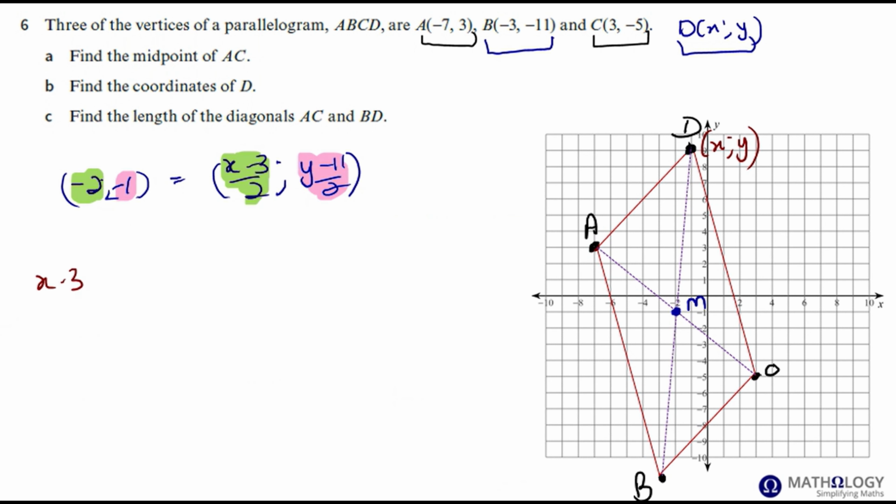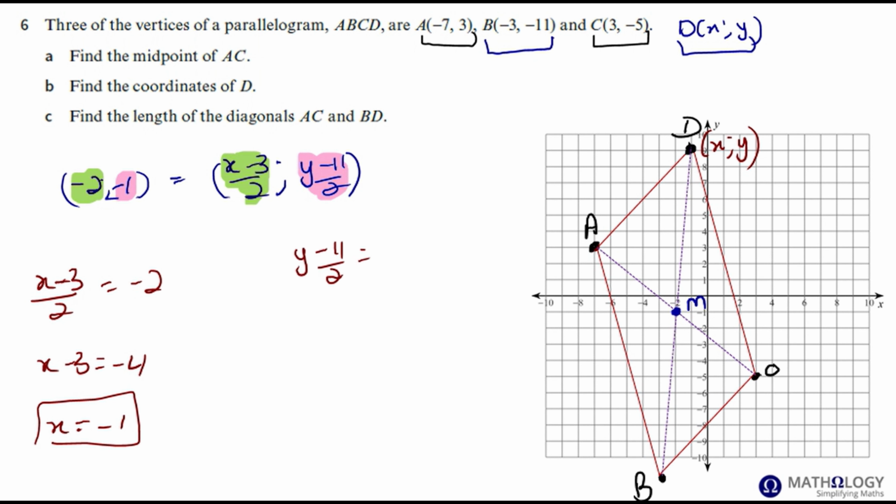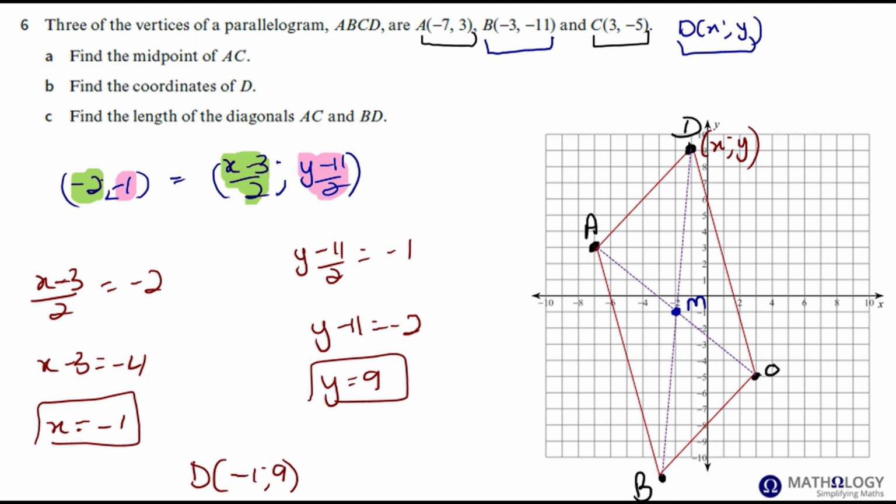So (x - 3)/2 equals minus 2. x minus 3 equals minus 4. x is negative 1. And (y - 11)/2 equals minus 1. y minus 11 equals minus 2. y equals 9. So D is therefore the point (-1, 9).